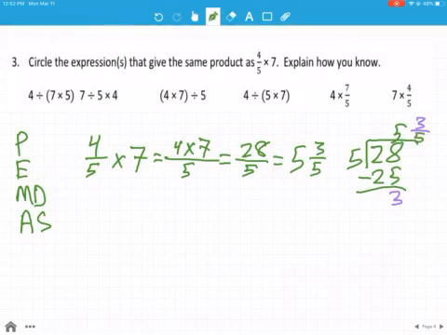Okay, so that's what we're looking for. So if we look at the first problem, we have to do what's in parentheses first, then we can do what's after it. And then we go left to right in any other place.